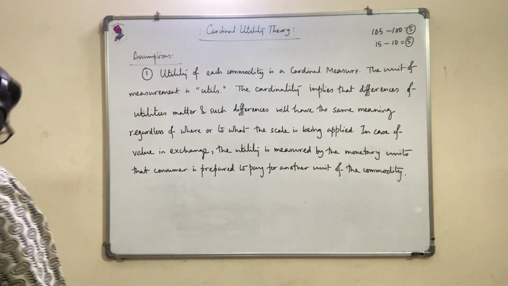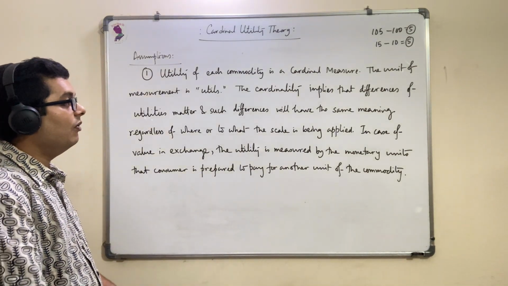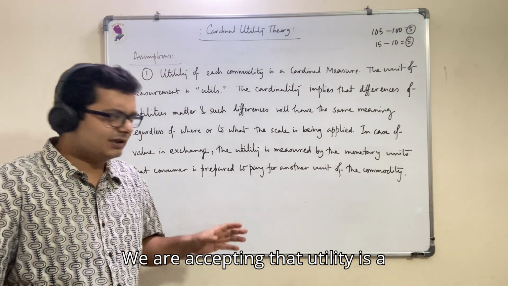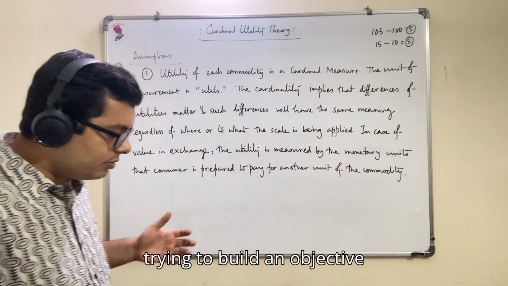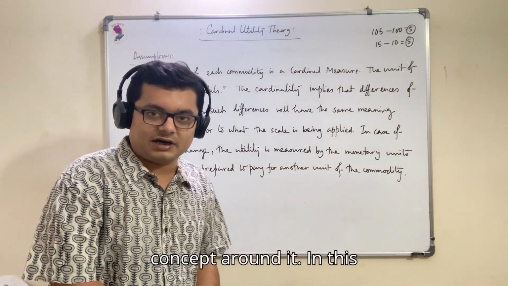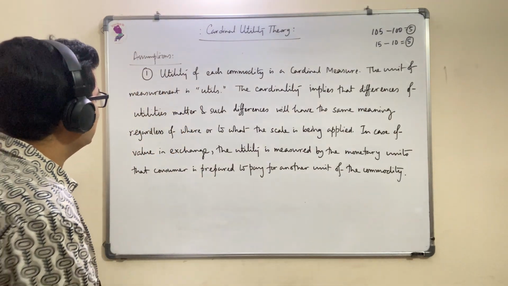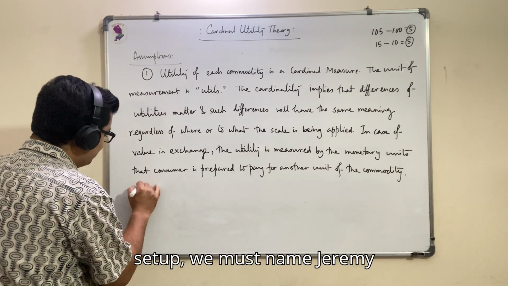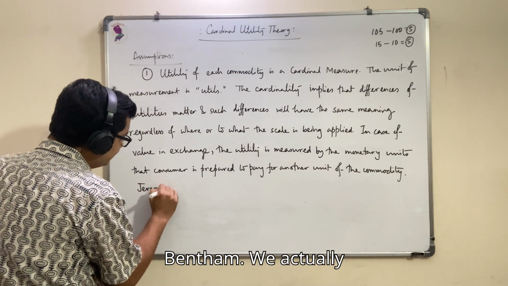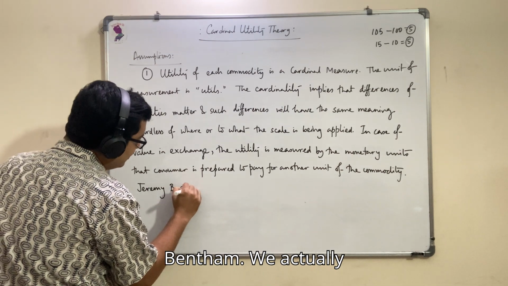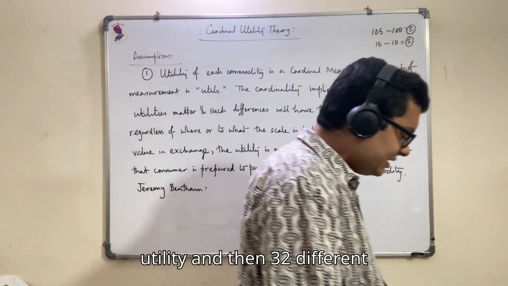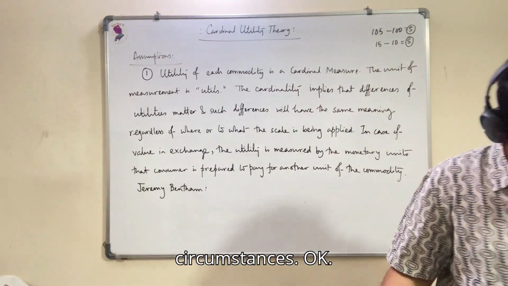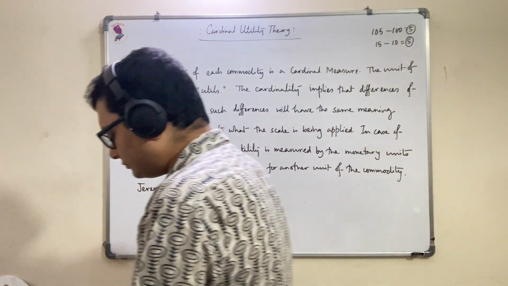Now, we are accepting that utility is a psychological issue, but we are trying to build an objective concept around it. In this setup, we must name Jeremy Bentham, who actually worked out 4 dimensions of utility and then 32 different circumstances. Okay?